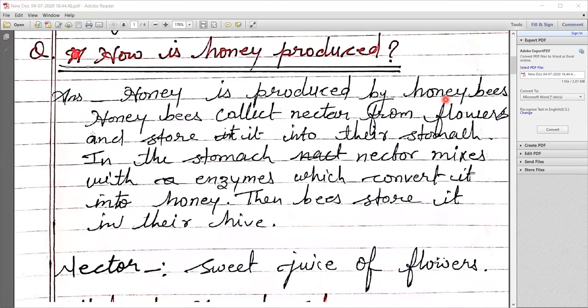Honeybees collect the nectar from the flowers and store it in their stomach. Here in the stomach, the nectar of the flower mixes with some enzymes which transform its chemical composition and pH and convert it into honey.